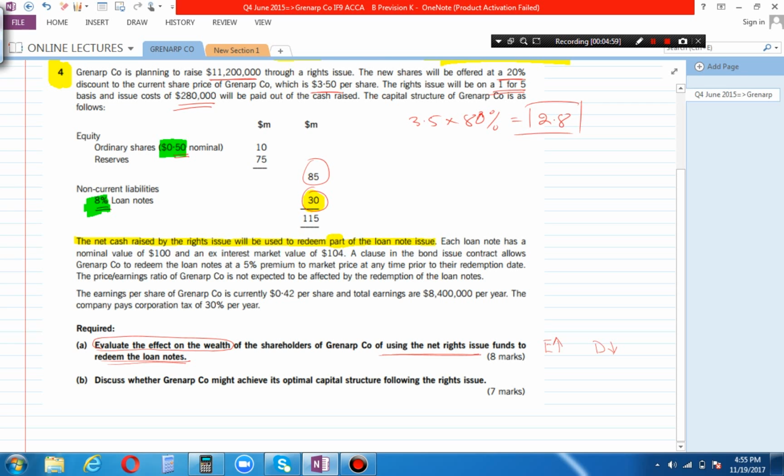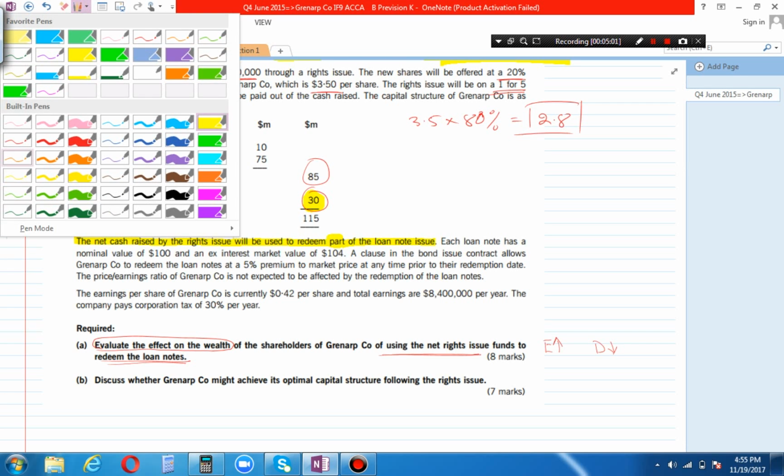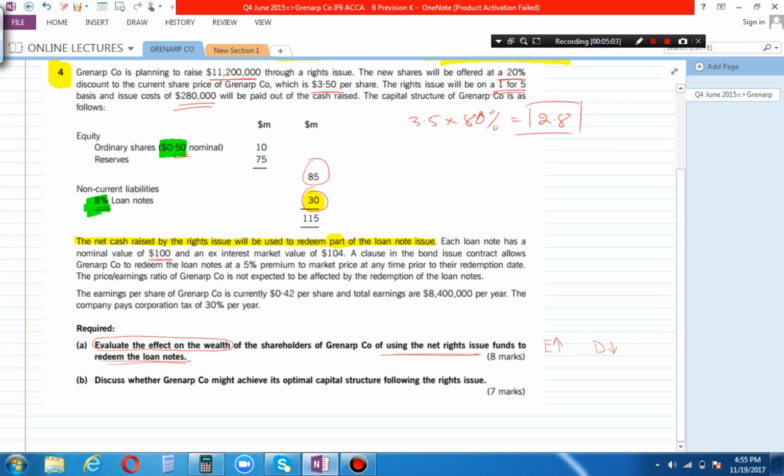Each loan note has a nominal value of $100 and the market value is 104. So 100 is the nominal value and the market value is 104. A clause in the bond issue contract allows GRENARP, the company, to redeem the loan notes at a 5% premium to the market price.